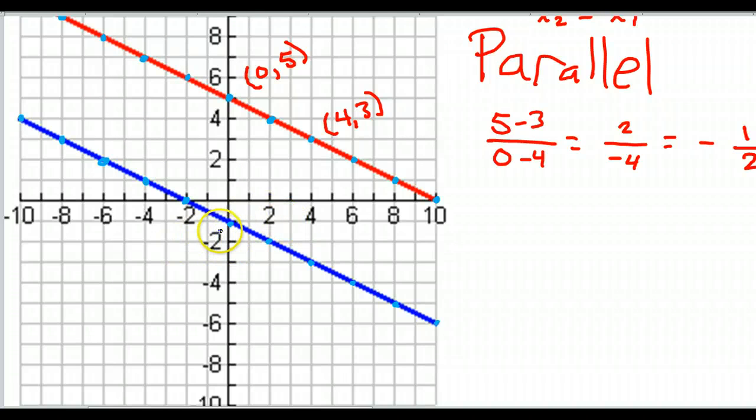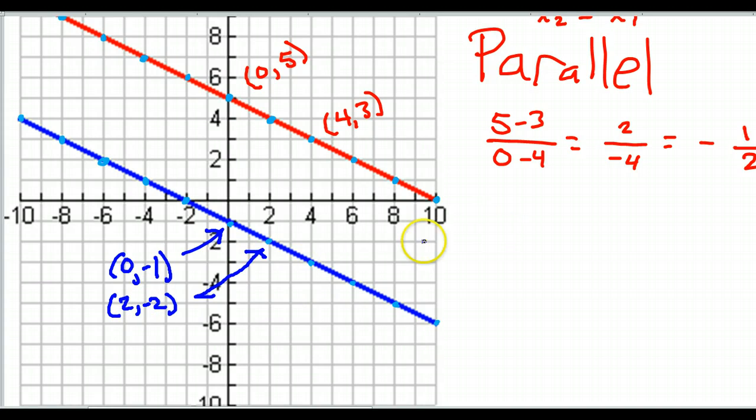So I could pick this point right here, for example, and that point is the point (0, -1). And then I'm just going to pick this point right here, which is the point (2, -2).